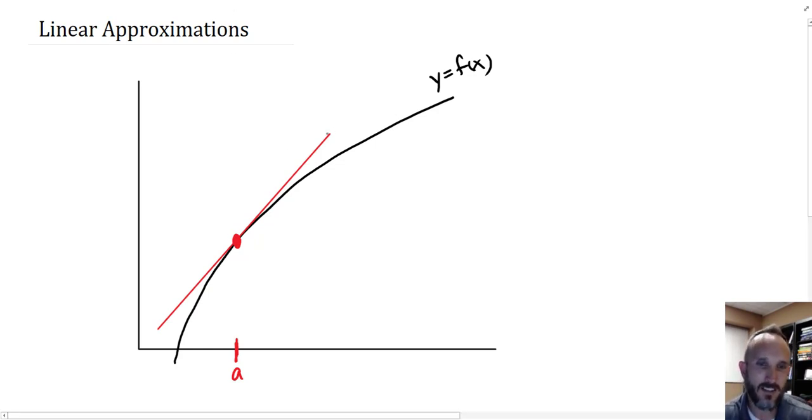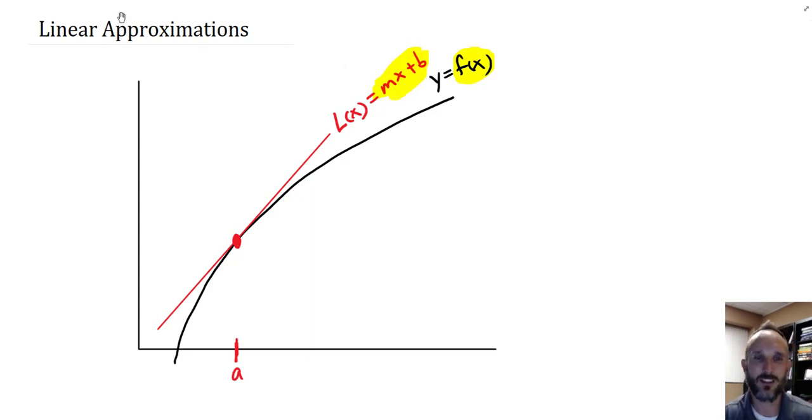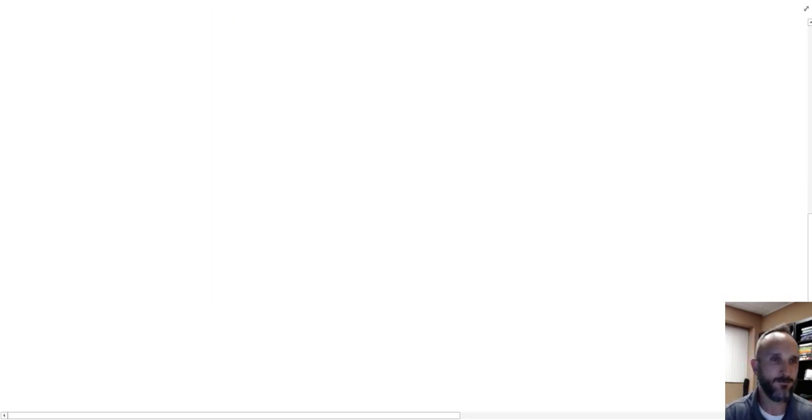This line that's approximating the curve, we typically name something like L of x for linear function. It's just mx plus b. So we just need the slope and the b value, and we can get the equation of this line. We can approximate the outputs of the curve, the f of x function, by plugging those x values into the very simple linear function. Very simple calculations. Let's get started with examples.